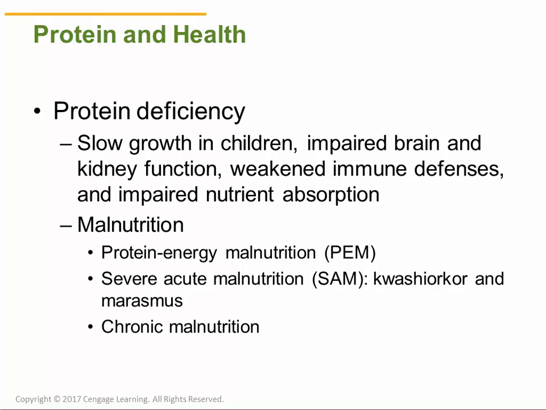Also, malnutrition. With malnutrition, you can have PEM, which is protein energy malnutrition, which means there's deficiency of energy as well as protein. Also, you can have SAM, okay, and that's not somebody's name. It's severe acute malnutrition. Sometimes this can occur with specific conditions where they were once nutritionally adequate and now they are not.